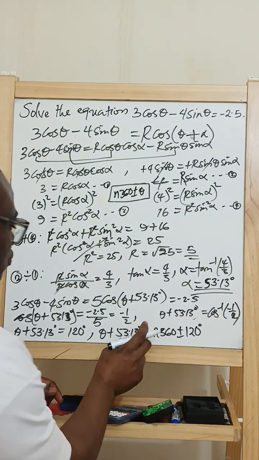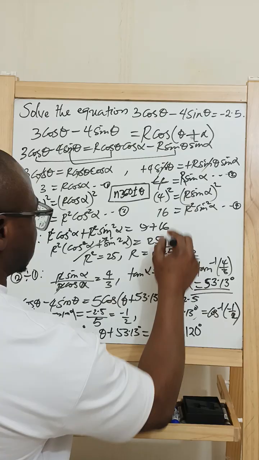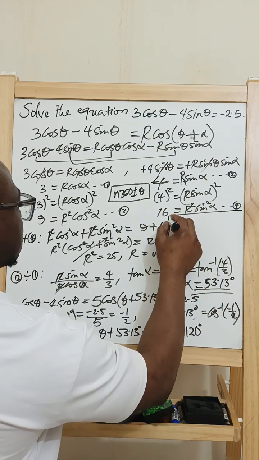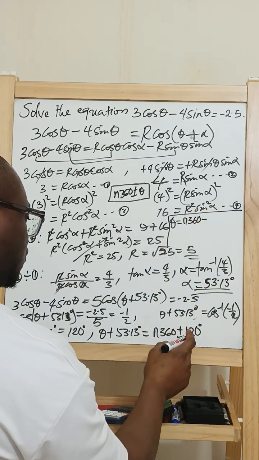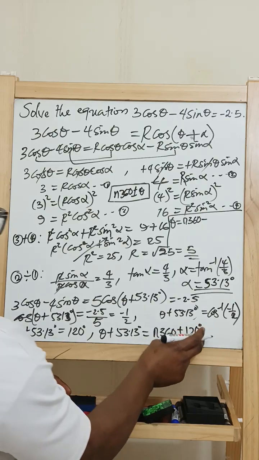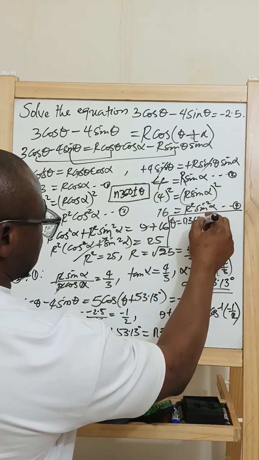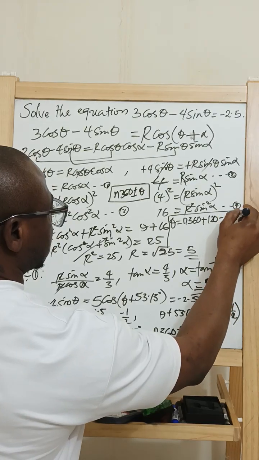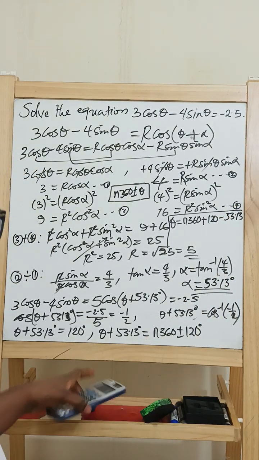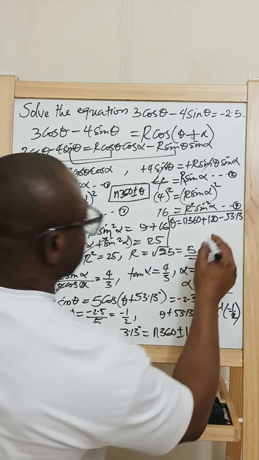From here we take this one to the other side. So theta will be n360 plus or minus 120 minus 53.13, and we split this into two. When it is plus 120, you have 120 minus 53.13, so that's 66.9.